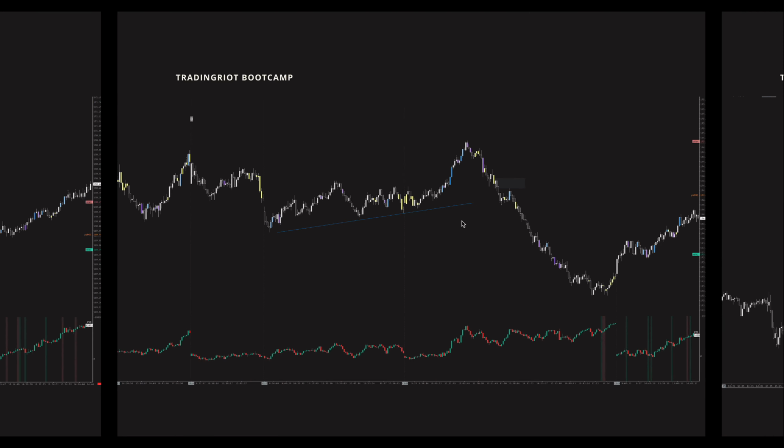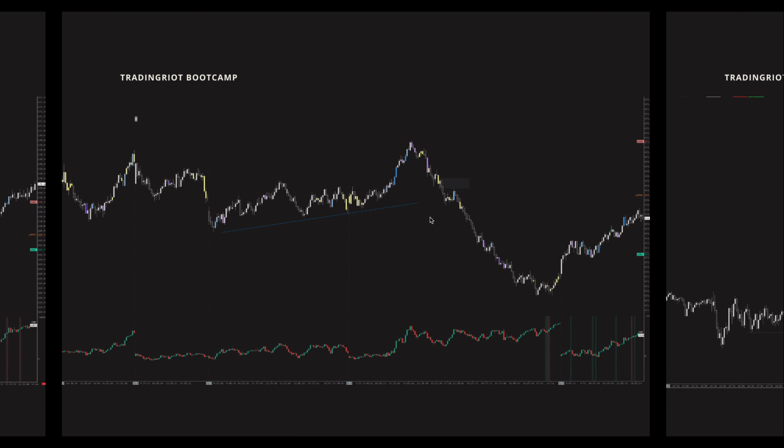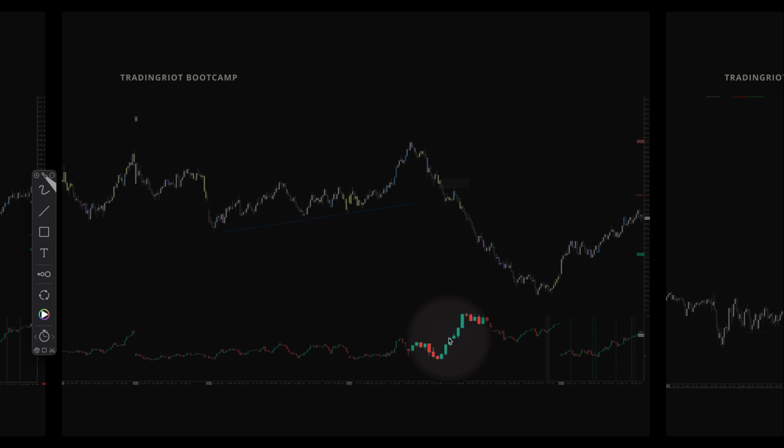Another one, once again, a level of compression, which is this line right here. Market fails at the high. This is a little bit hard one to execute, but then you get this price pause around here. This is really a small cluster, but what is important to once again notice is this.